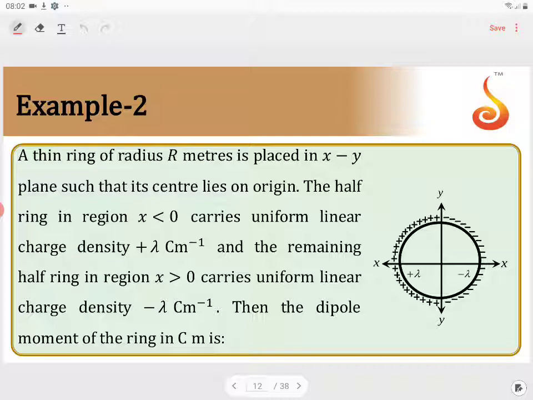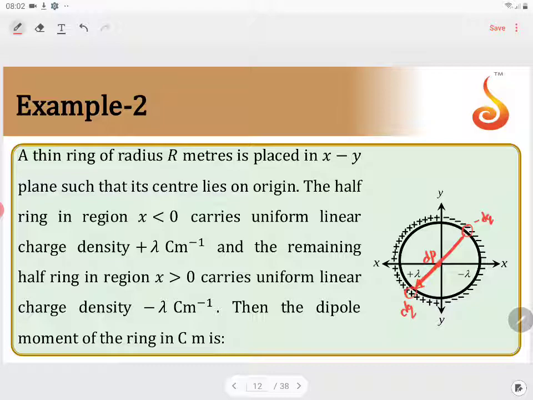To calculate the net dipole moment in this case, we consider a small elemental negative charge here on the right side. And on the diametrically opposite end to this charge, we consider the same amount of positive charge dq. Between this negative charge minus dq and positive charge plus dq, there will be a dipole formed. This dipole formed, you say dp.